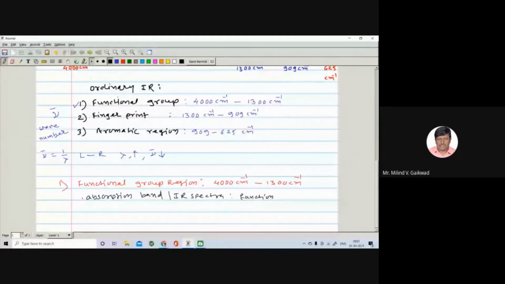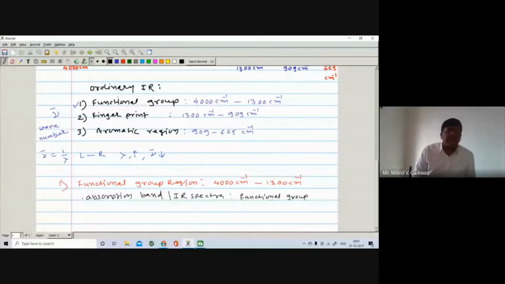So getting a spectrum in the range 4000 to 1300 centimeter inverse at a particular mu bar indicates the presence of the corresponding functional group. If this region is transparent, meaning there is no spectrum, then there may be the absence of that type of functional group.